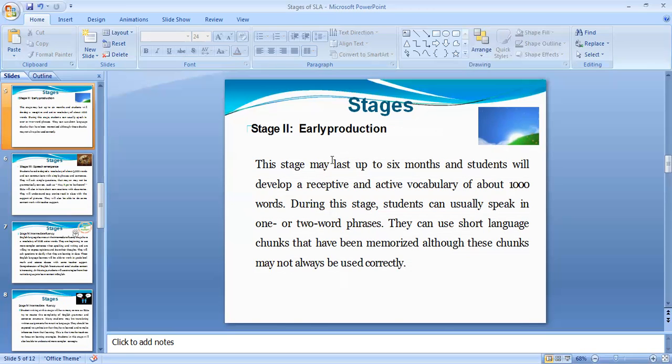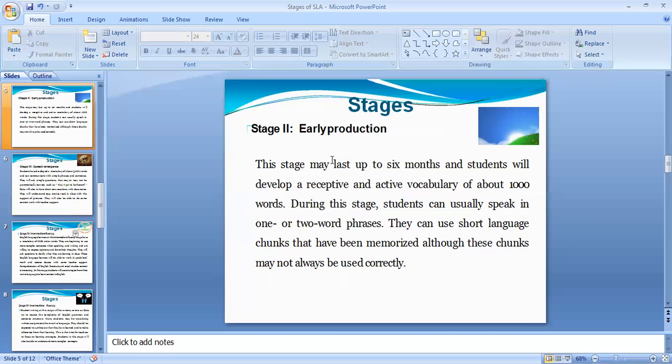In this period of time, the learners can develop 1,000 words, 1,000 receptive and active words. During these stages, the learners can use in their speaking one word, two words, or phrases.